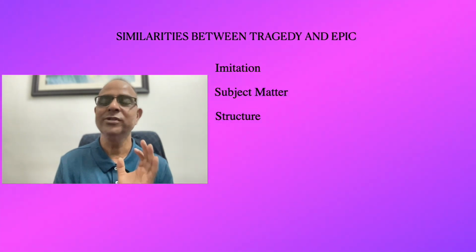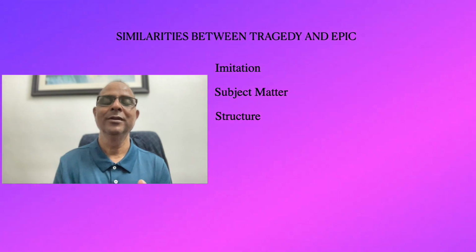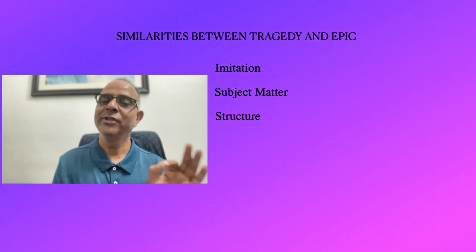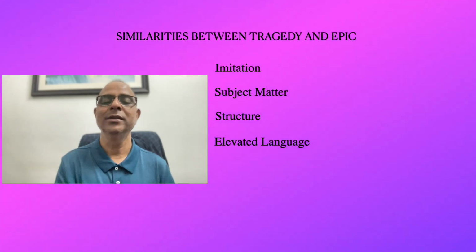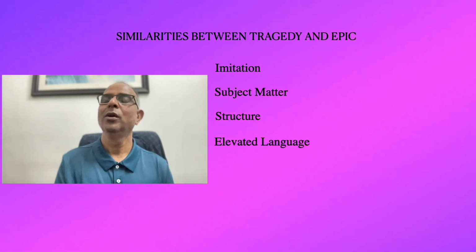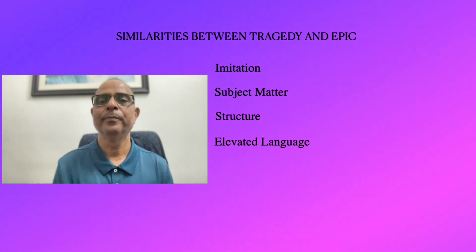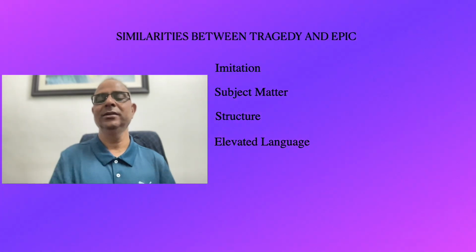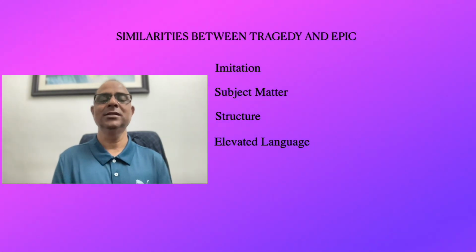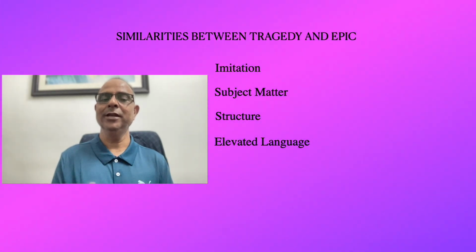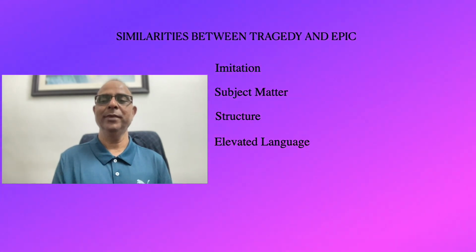Then, in both tragedy and epic, elevated language is used. Both employ elevated formal language. This use of heightened diction, that is, the beautified language, enhances the dignity and gravity of the subject matter. It is suitable to the subject matter.